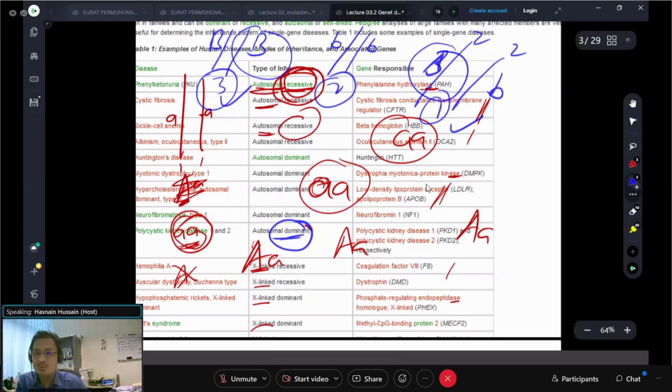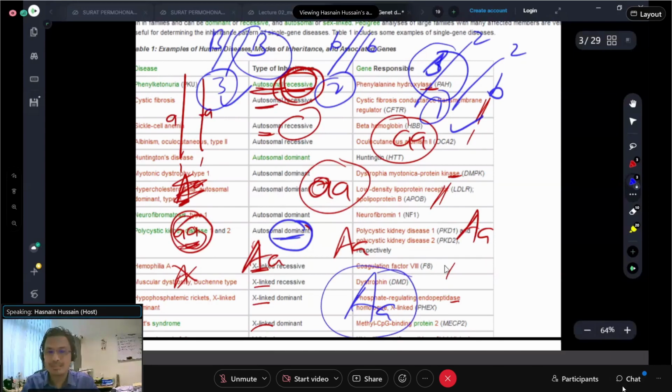So that is why it's called autosomal dominant. Only one copy is enough to cause the disease, using the similar concept of Mendelian genetics, whereby when you have big A, small a, it will still show red color. So that's the concept behind it.